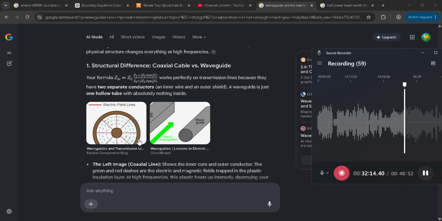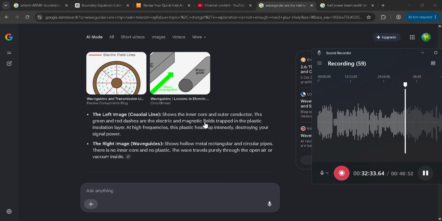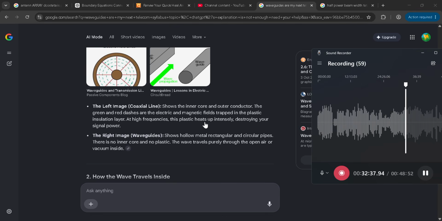But here, if you see, the waveguide is one hollow tube for wave propagation. This is a rectangular metal tube, and this is a circular tube. The left image shows a coaxial cable and the right image shows hollow metal rectangular and circular tubes. There is no inner core and no plastic. The wave travels purely through open air or a vacuum. How the wave travels inside.